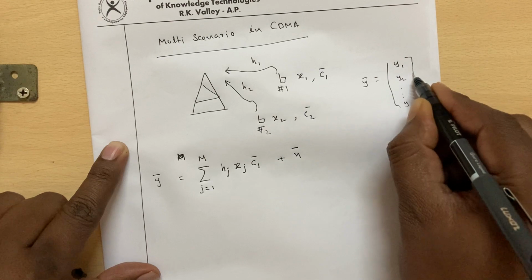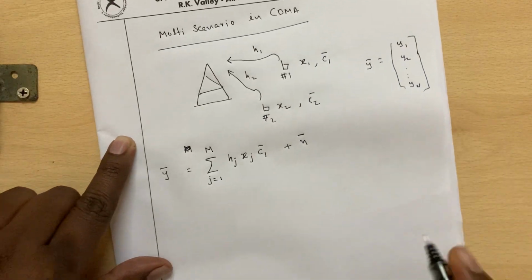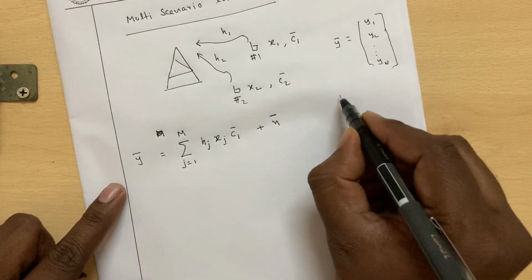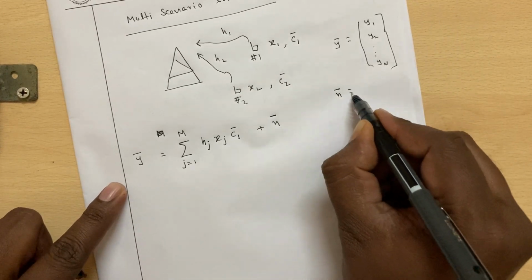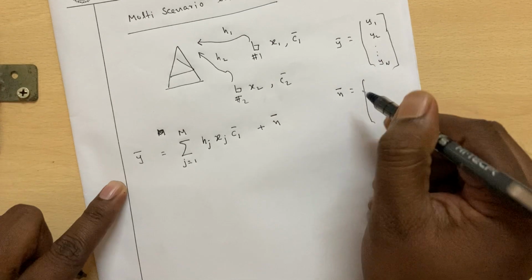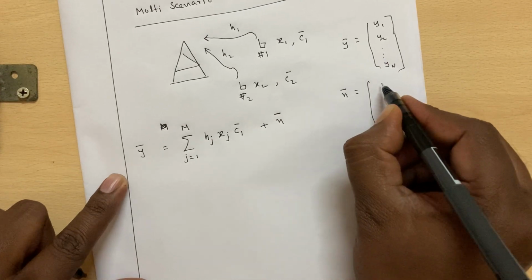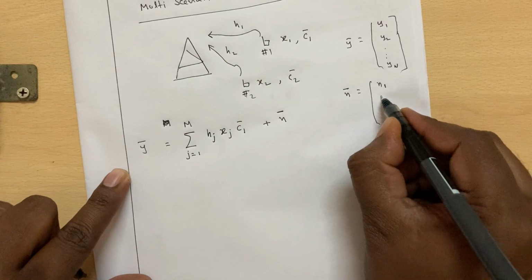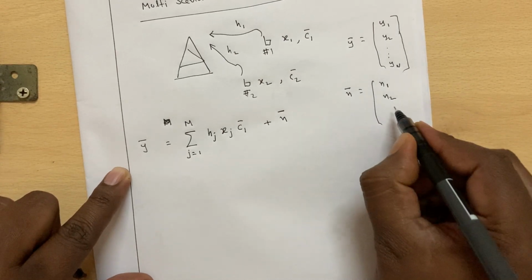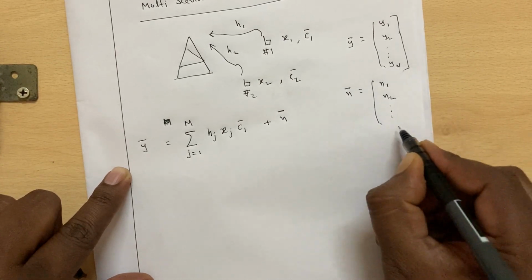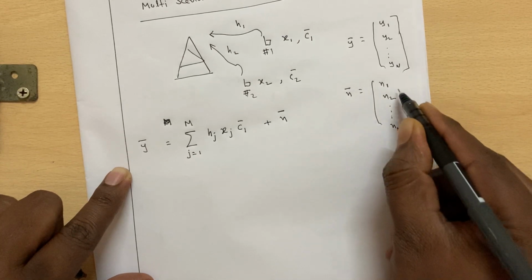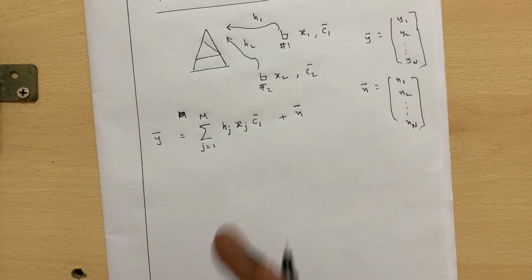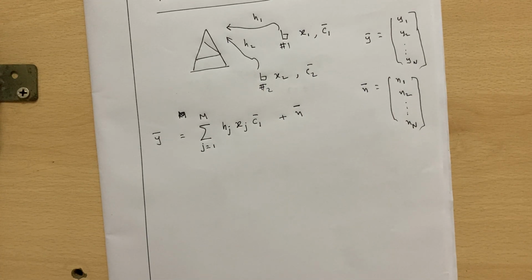In vector form we have written this equation like we did in the last class. We also know the noise vector is Gaussian noise. n1 is the complex Gaussian noise in the first chip, n2 is the complex Gaussian noise in the second chip, like that in a vector. So the received n number of chips you can write like this for all the m users.